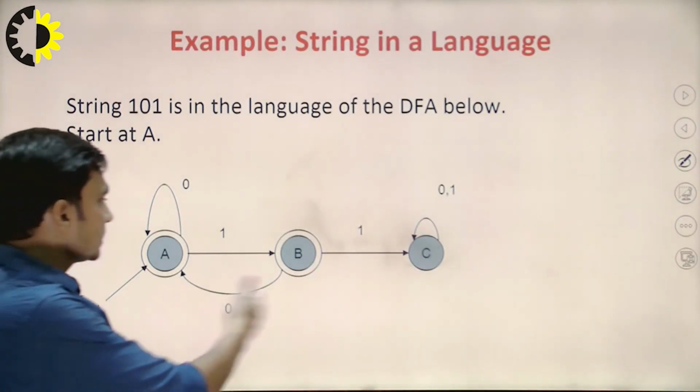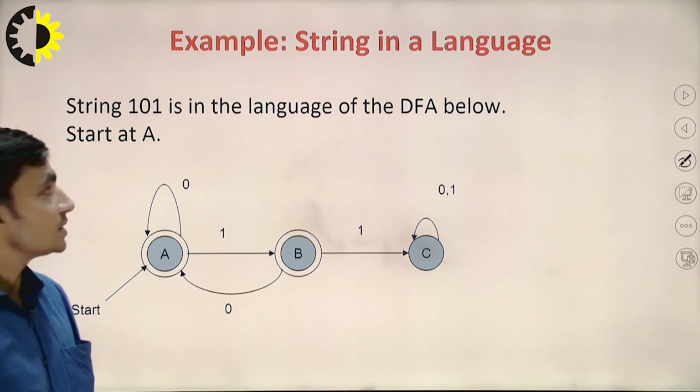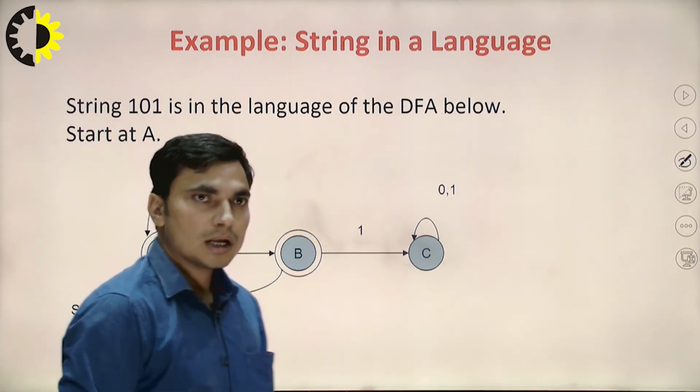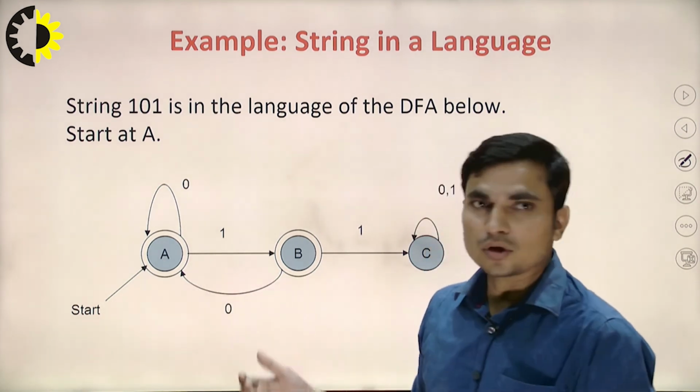Just taking this example here, we are going to find out whether the string 101 is acceptable by this DFA or not.